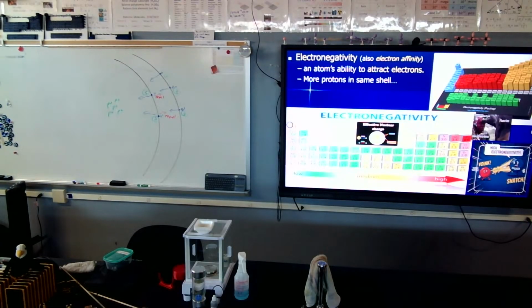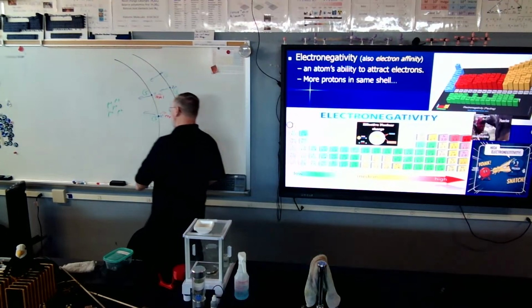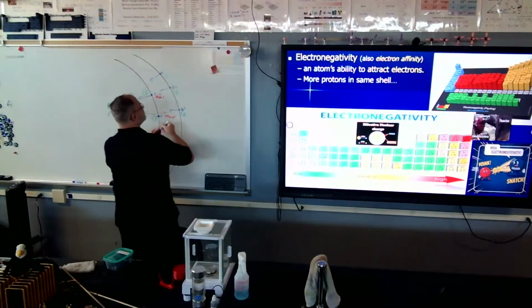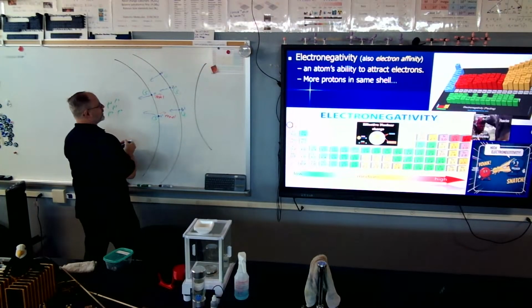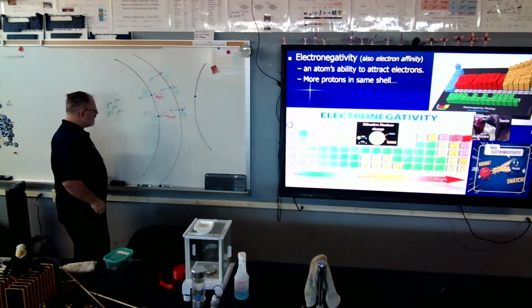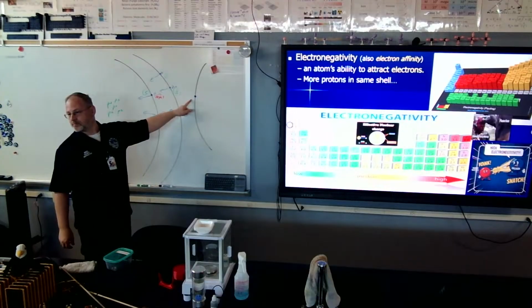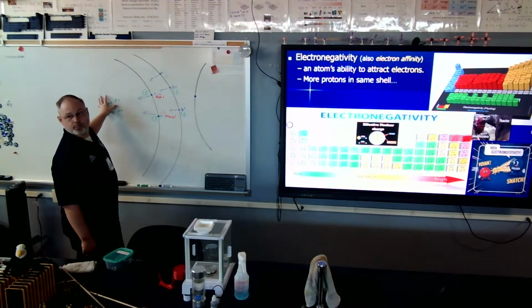So as more protons are added to the nucleus, the protons attract the electrons of other atoms. So back to our diagram here. Imagine there's another atom right there. Just for simplicity, we're going to give it 1 electron. That 1 electron is going to be attracted to this nucleus.